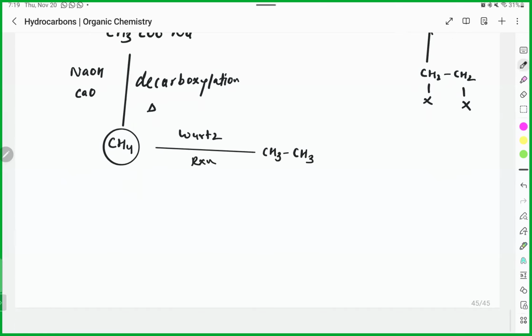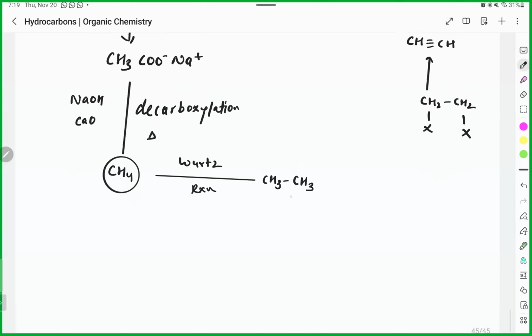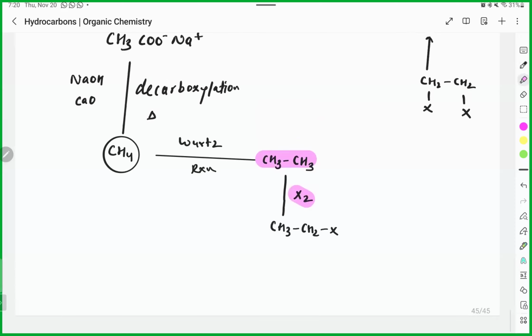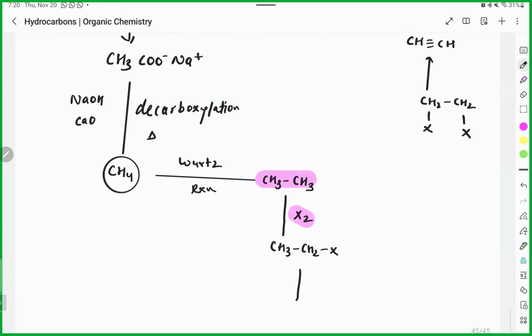In this alkane, you can add halogen. What will happen? Product will be CH3CH2 halogen. Simple halogen substitution reaction of alkane. Simple substitution, correct?